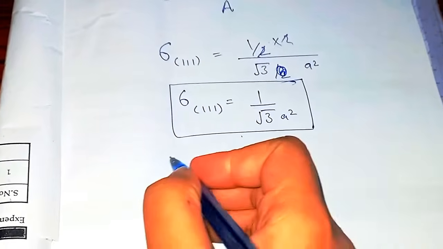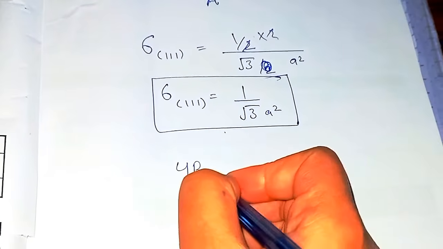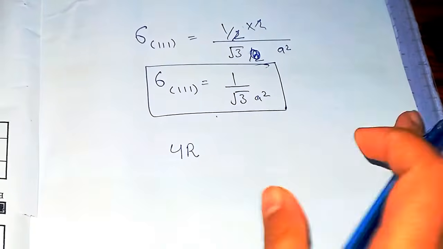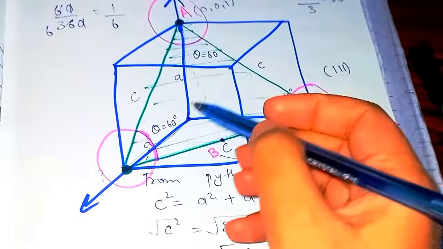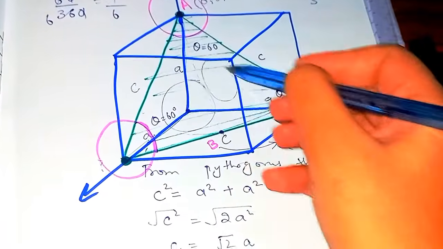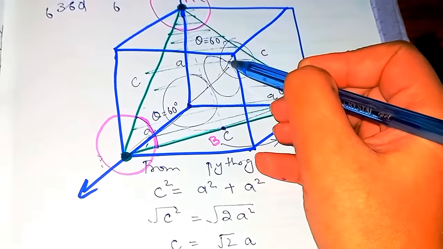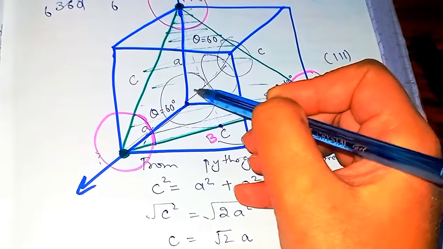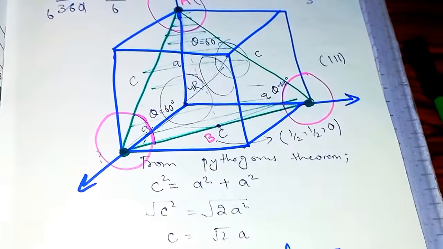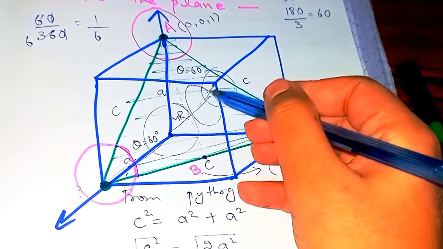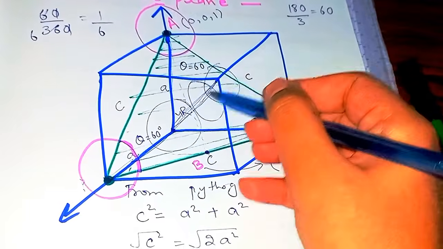We can convert it into atomic radius, and for that purpose we know that the diagonal length is 4r. Since all the diagonal atoms are connected to each other, this is r, this is 2r, and this is another r, so r, 2r, r is 4r. What is this length in terms of a?